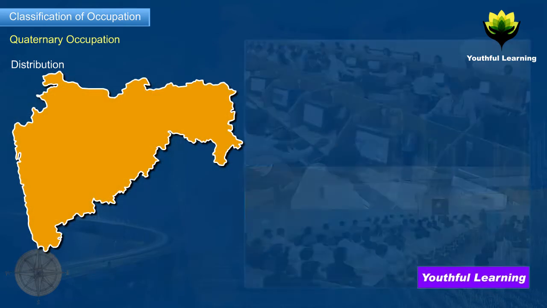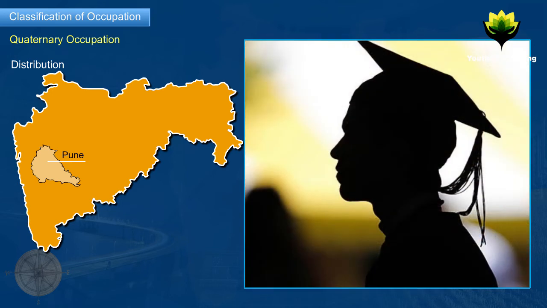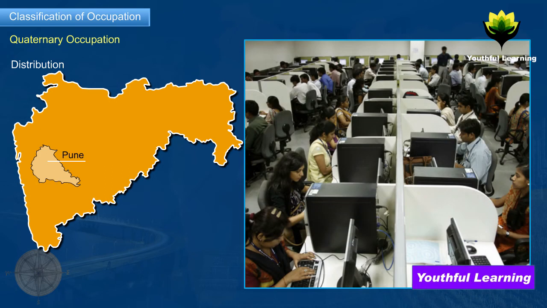The state has a number of top-notch institutes with high-end infrastructure facilities. Pune is often referred to as an education hub. Today, Pune is also known as an IT hub with several IT companies based in the city.